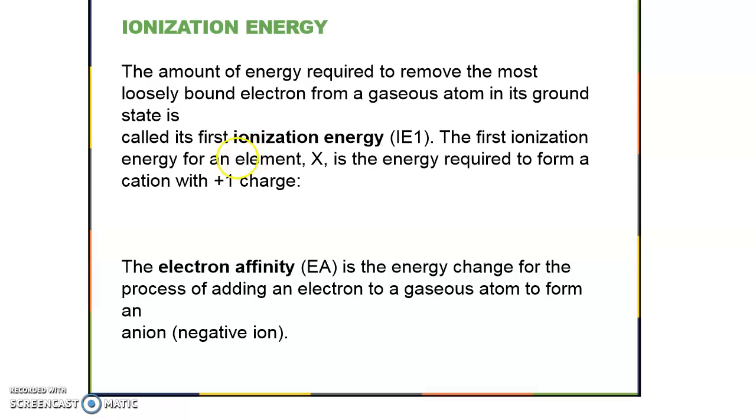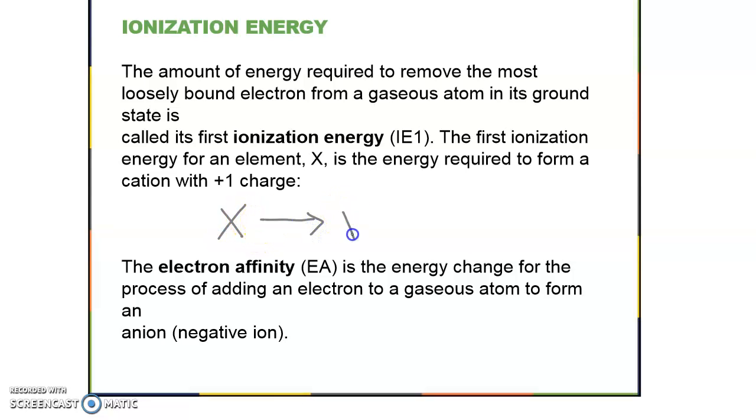Let's talk about the ionization energy. What is ionization energy? It is the energy required to remove an electron from the atom or the compound. For example, let's say I have an atom, X. How do I remove an electron?